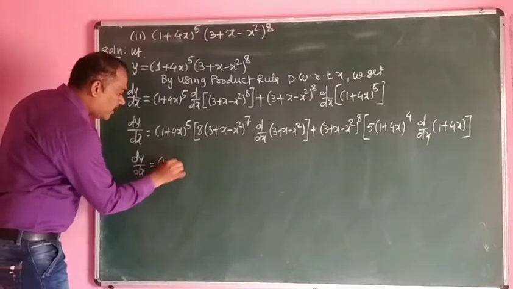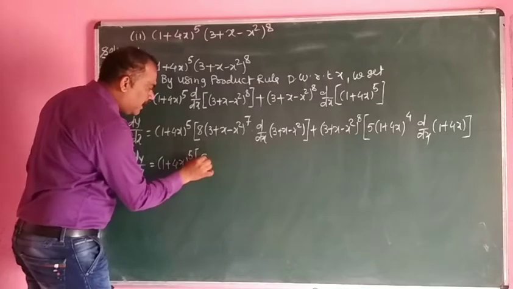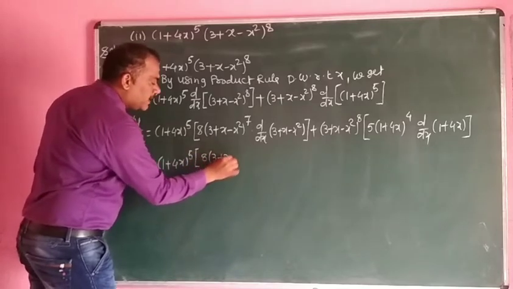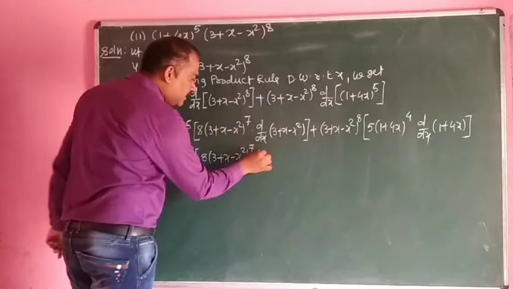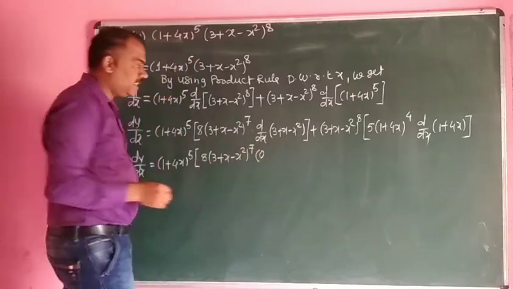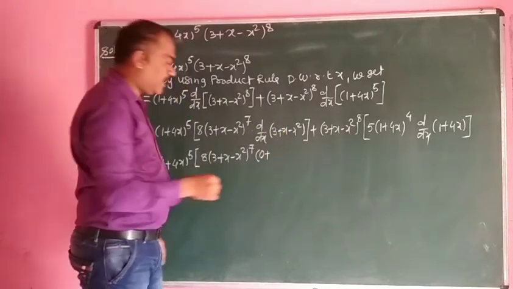Now dy/dx is equal to (1 plus 4x) raised to 5 into 8 into (3 plus x minus x square) raised to 7 into the derivative of 3, which is a constant, so 0, plus the derivative of x with respect to x, which is 1.